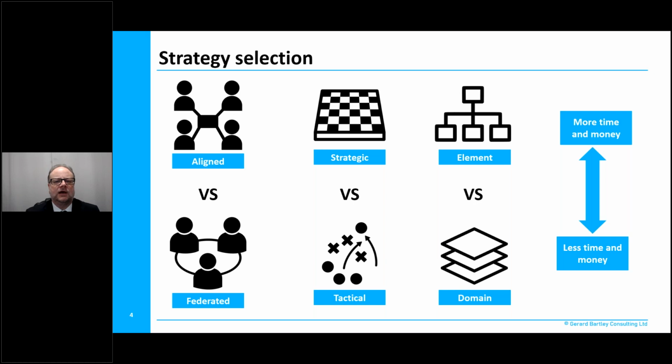Finally, domain versus element is the broad approach you will take to setting this up. Essentially, are you going to hand over big slugs of data to groups of people and then get them to own it themselves? Or are you going to be very prescriptive in terms of, say, this data element going to this person and that data element going to that person?